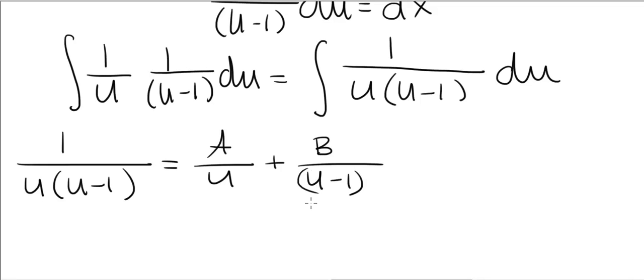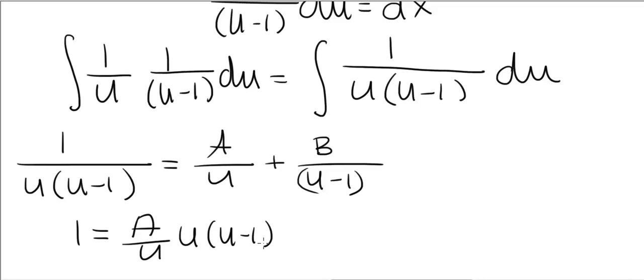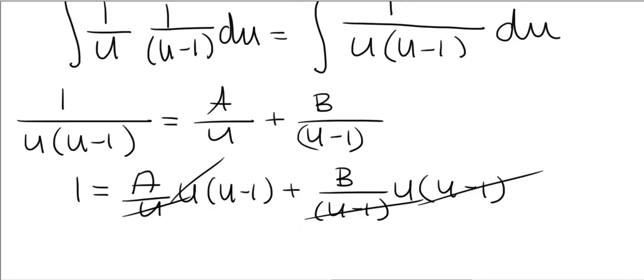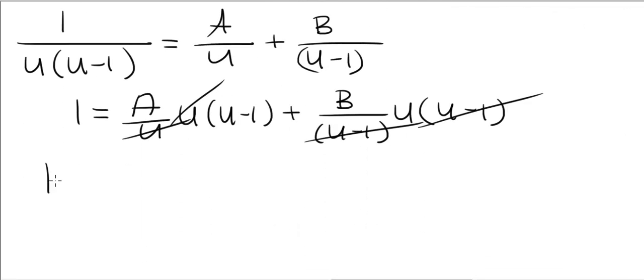Multiplying both sides by u times u minus 1, we have 1 on the left equals a over u times u minus 1 plus b over u minus 1 times u minus 1. We can cancel u next to a, and u minus 1 next to b, and that leaves 1 equals a times u minus 1 plus b times u.